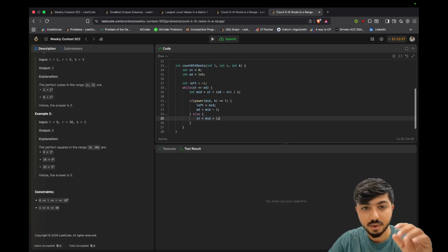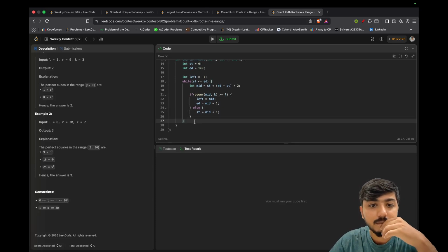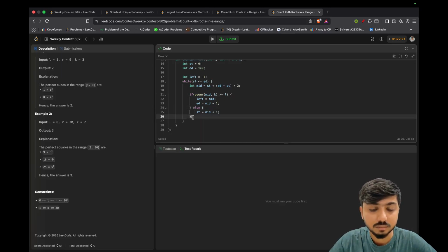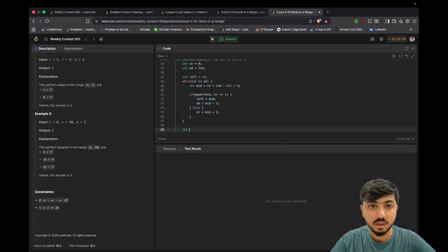So we are trying to find the left boundary, right? Similarly, we'll find the right boundary also.